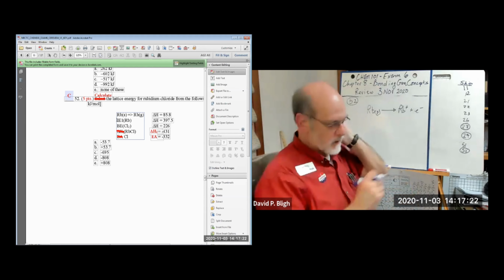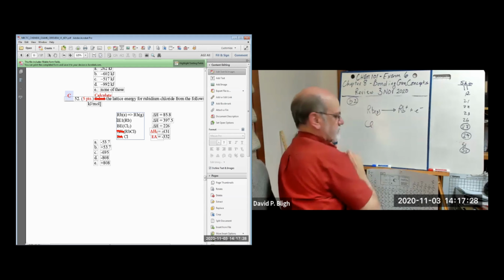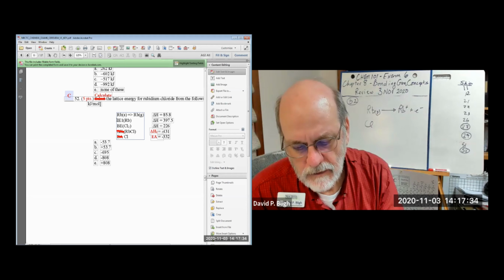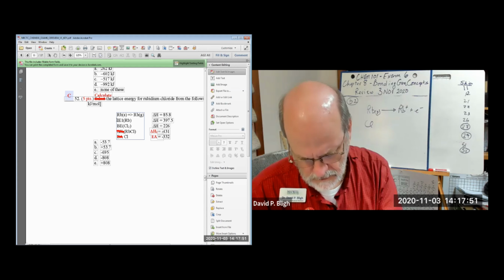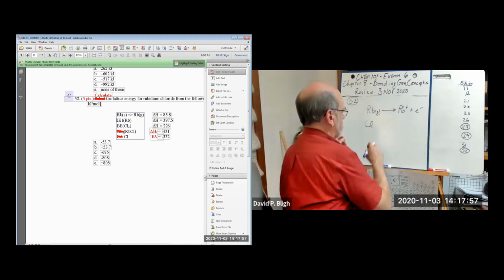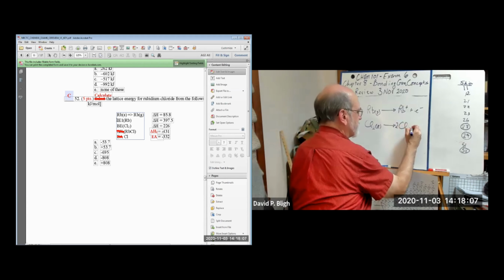Bond energy for dichlorine, the bond energy for the gas going like this.